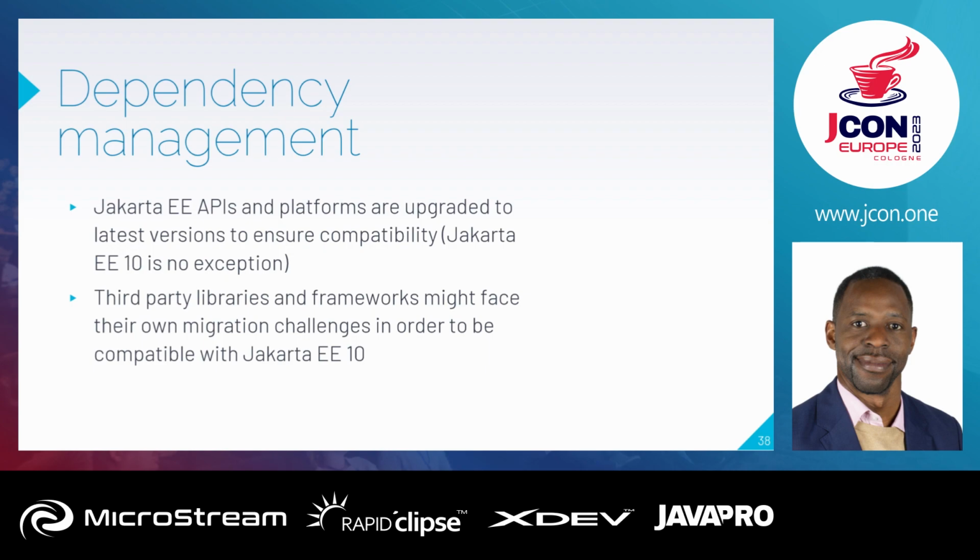They probably have a different migration cycle to move from their current version to the latest version. Like we said, Spring is coming out in November with Jakarta EE 10. So you'll have to wait until then. If you have to migrate, you'll probably have to migrate when they have already migrated. So yeah, that's one discussion you'll have to have with your manager to manage expectations.